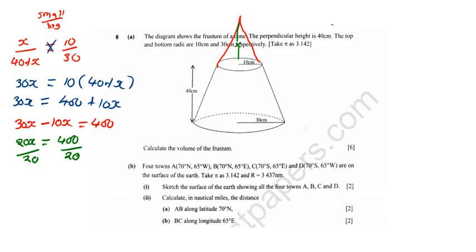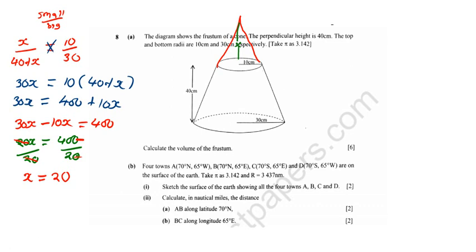So 20 and 20 will cancel. What remains is x is equal to 400 divided by 20. What I'm getting is 20. So what does that mean?